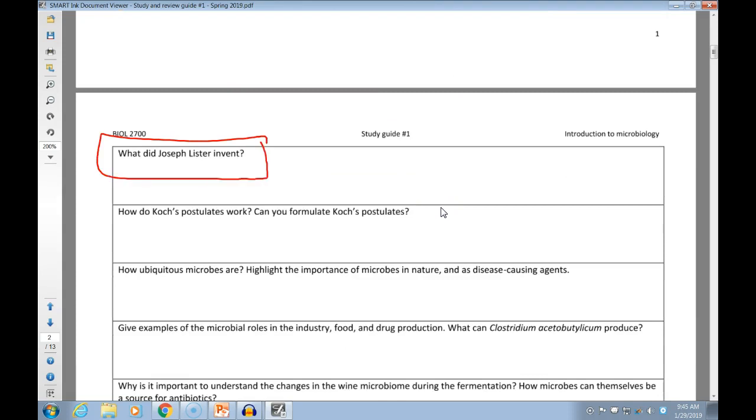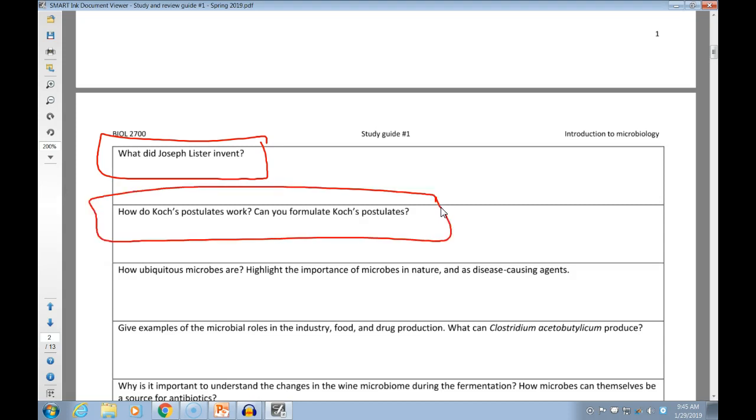Joseph Lister, invention of antiseptic surgical technique using carbolic acid. Koch's postulates. You isolate microbes from the sick but not healthy organism. Isolated microorganism can be grown in a pure culture. It causes the same disease in the experimental infection, and you isolate the same organism from the experimental animals or humans that succumbed to the infection.